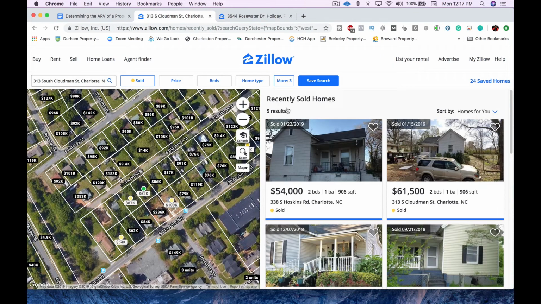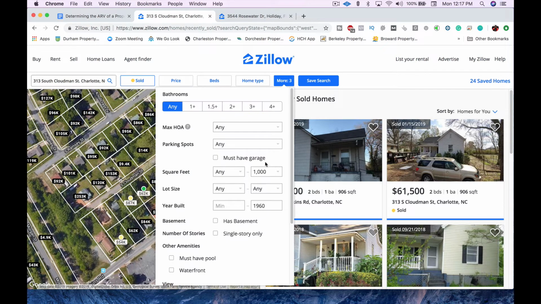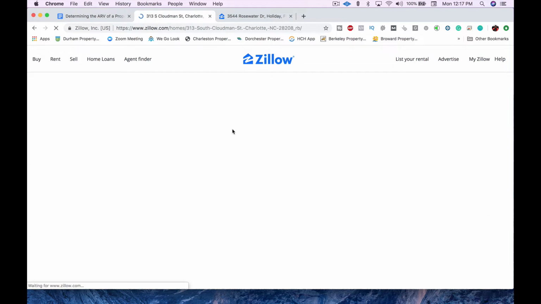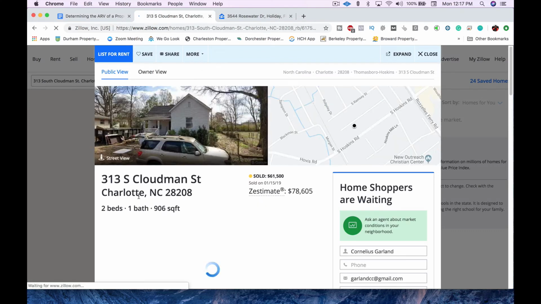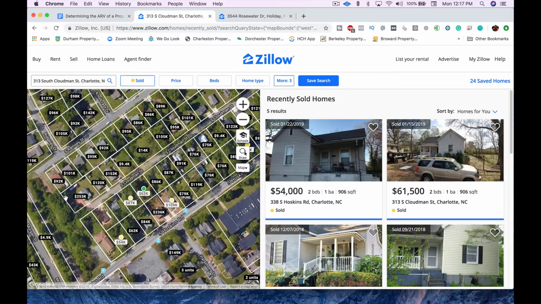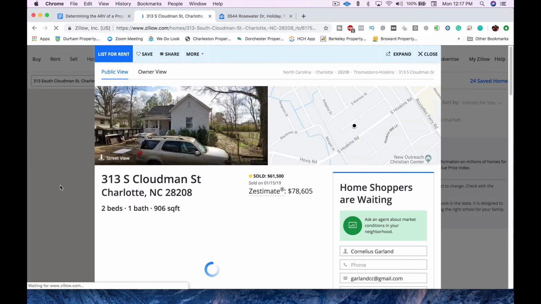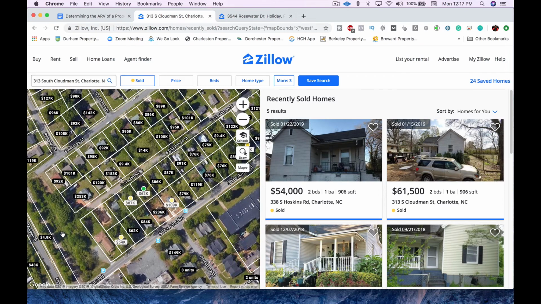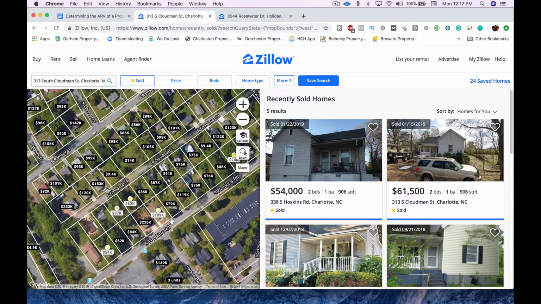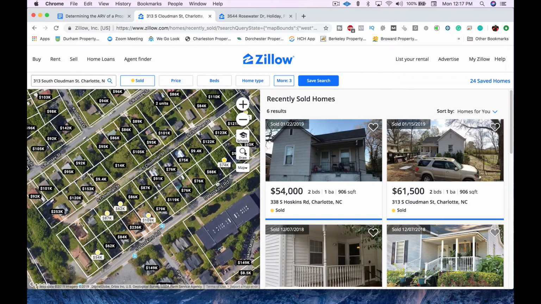And this one is 1,000 square feet as the upper limit as well, because this is 906 square feet. So I'm just going to leave it at 1,000. This is our property right here. Let me go ahead and click it to get a gauge on where it is. Okay, it's on South Cloudman Street right here. And we're going to go ahead and start clicking around.